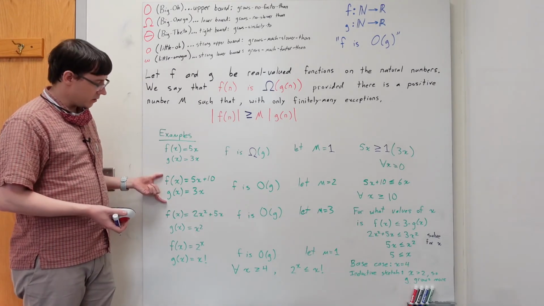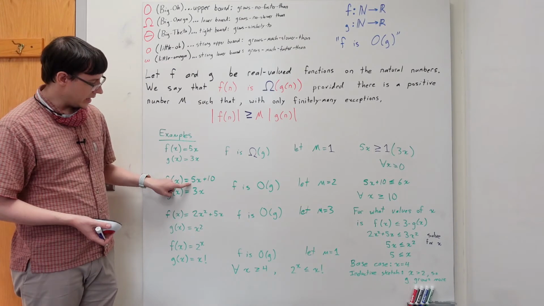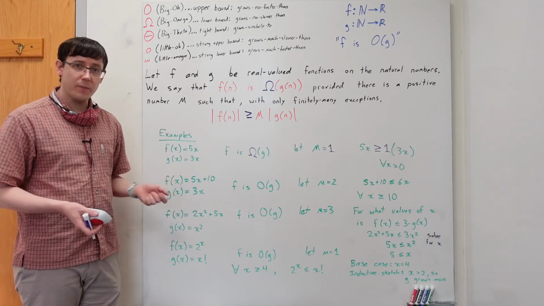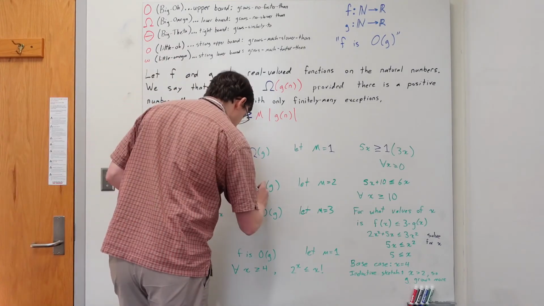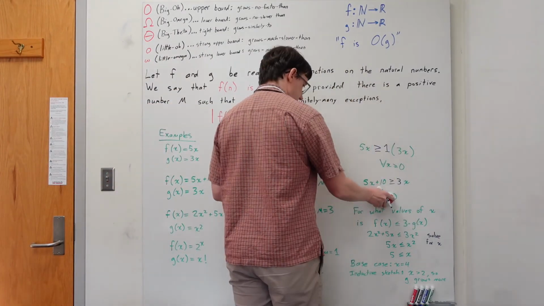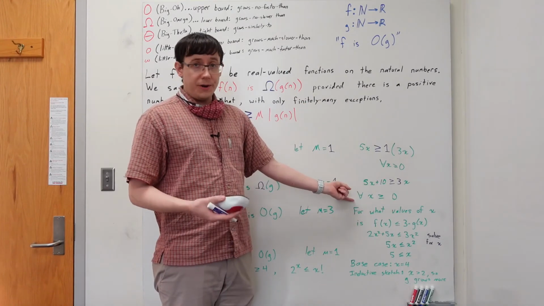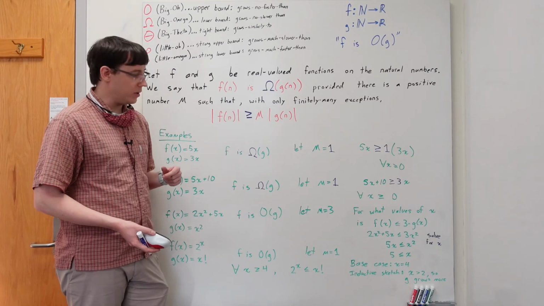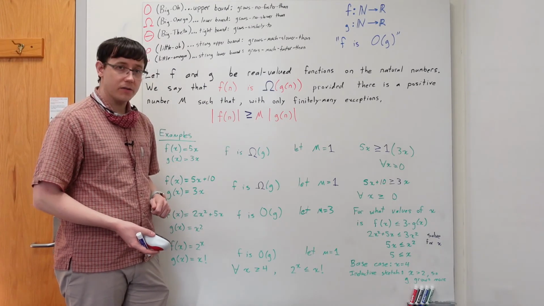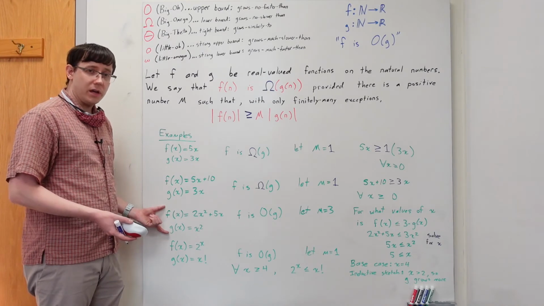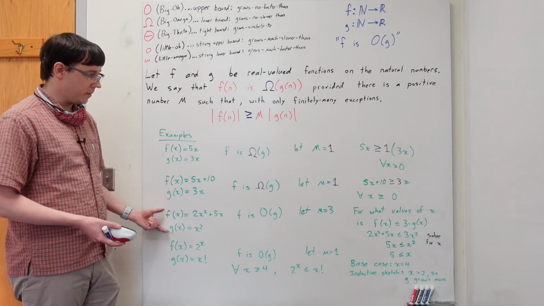In this case, again, f is already larger than g, so we could choose m equals 1. And in fact, for all natural numbers x, we have that 5x plus 10 is at least 3x. And here again, f is already larger than g, so we could choose m equals 1.